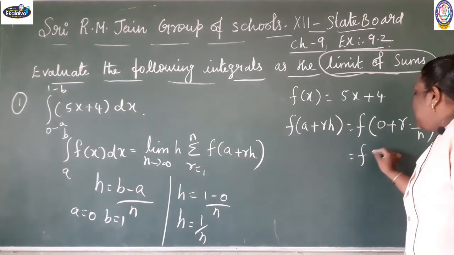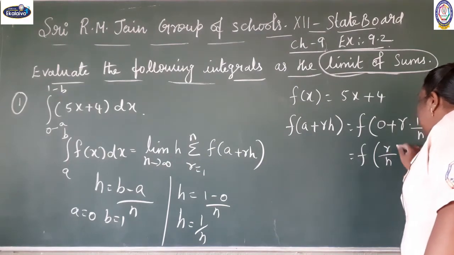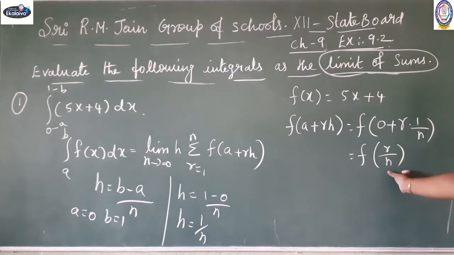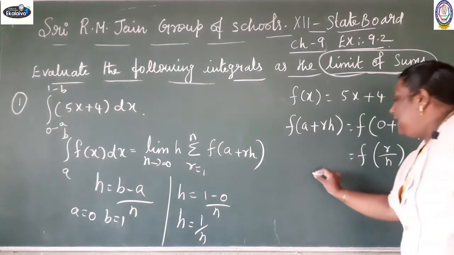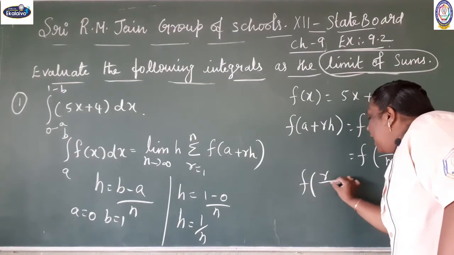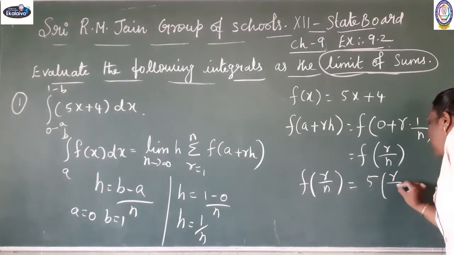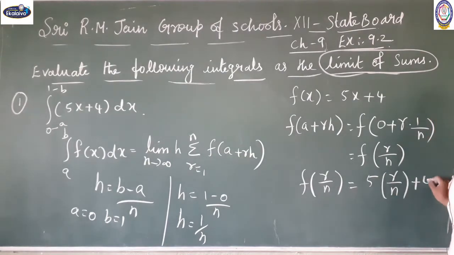So it gives f of r by n. In the place of x, you substitute the value r by n. So f of r by n equals 5 into r by n plus 4.